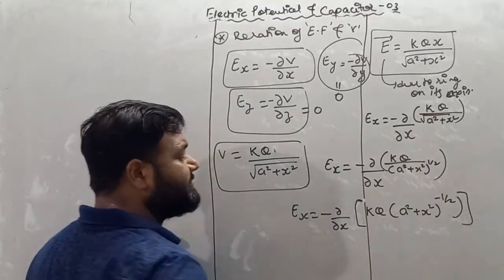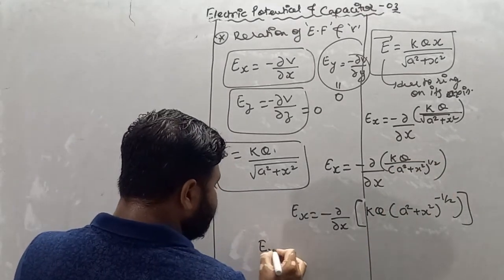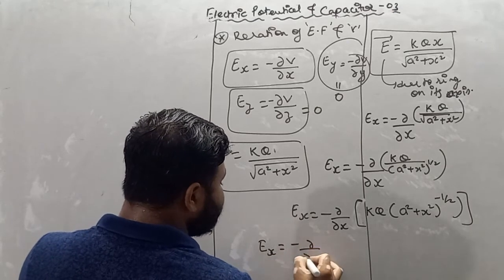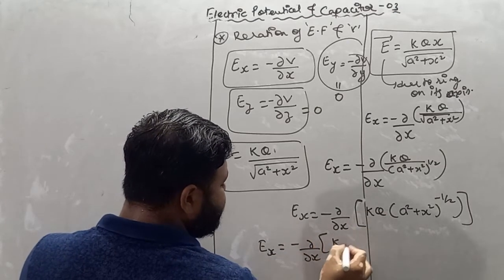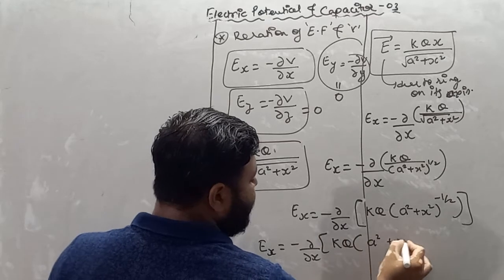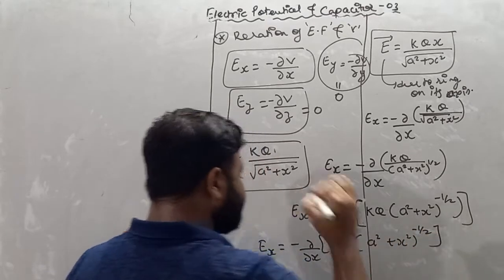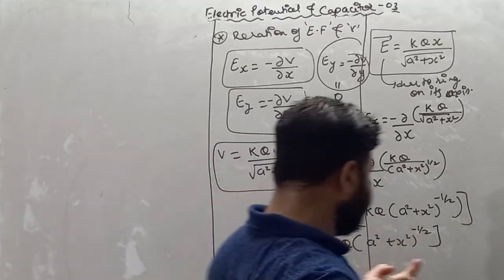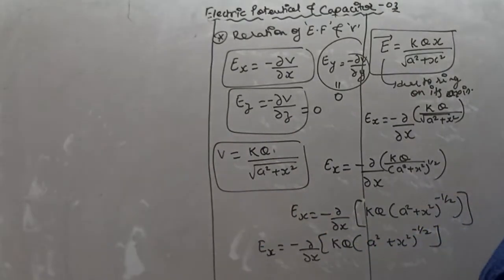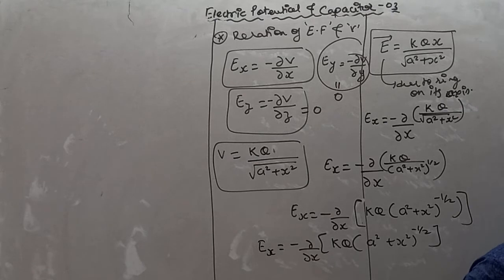So the power becomes negative. Ex is equal to minus del over del x of kq times a square plus x square to the power minus half. So we have to differentiate this a square plus x square raised to the power minus half with respect to x.